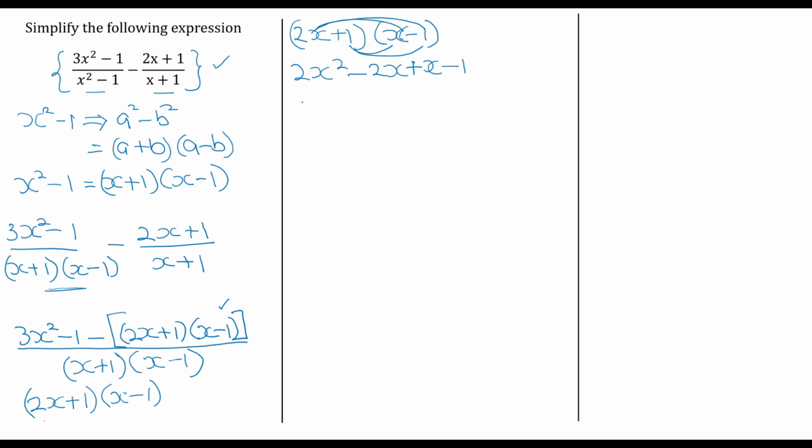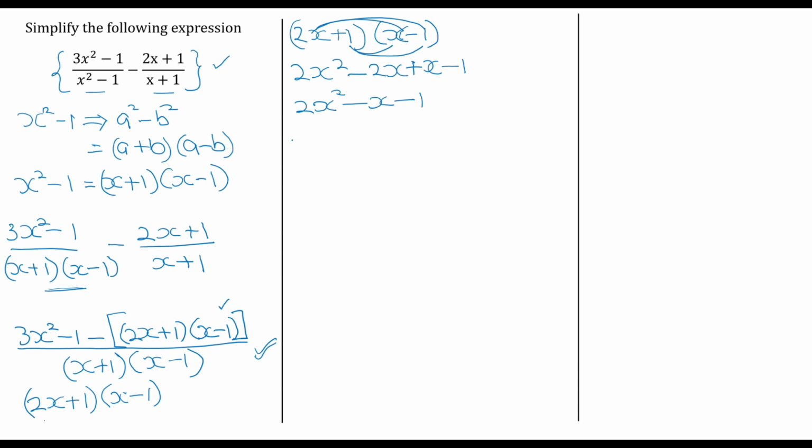So simplifying further, you'll have 2x squared minus x minus 1. Rewrite it in this particular expression here.